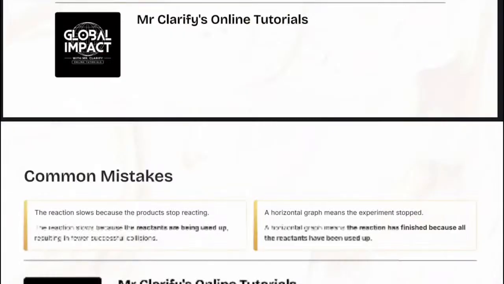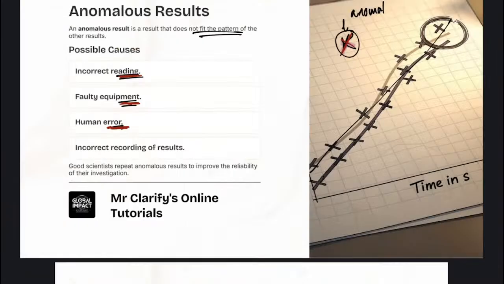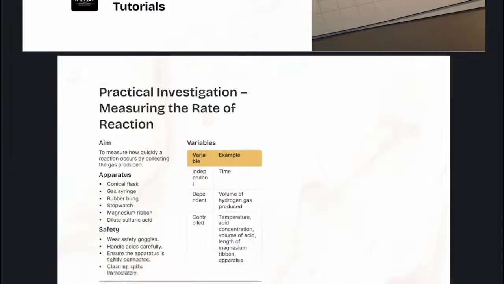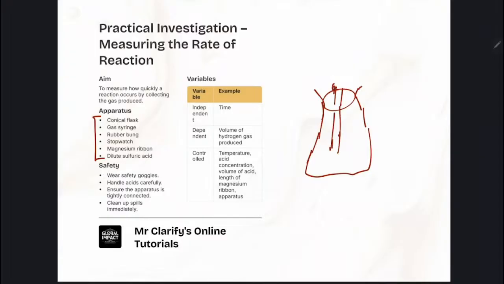So, anyway, this is enough. I'm happy with what it is. Don't forget rate of reaction, what it is, and how to measure it. Here it shows you how to measure it. The same things we talked about: a flask, a syringe, and whatever, and you have your tube go out of the flask. You can put it like this.